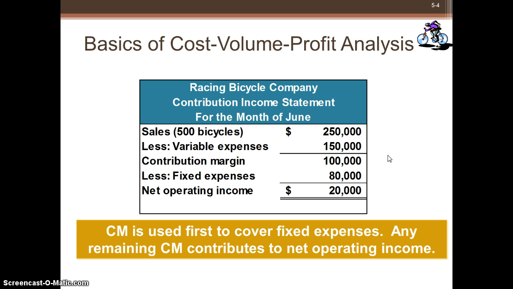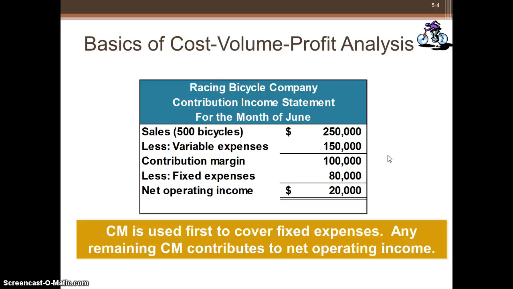They have variable cost of $150,000. Their contribution margin is the difference. Given the fact that they have fixed cost of $80,000, their contribution margin exceeds fixed cost, and therefore they have a profit of $20,000. As you can see, contribution margin is needed to cover fixed cost.